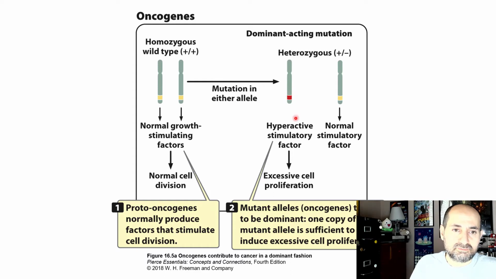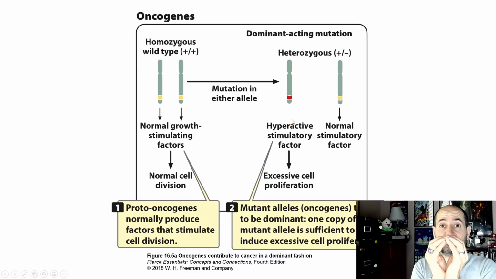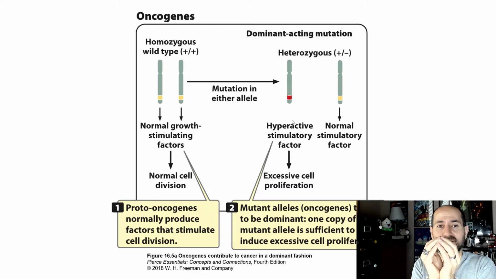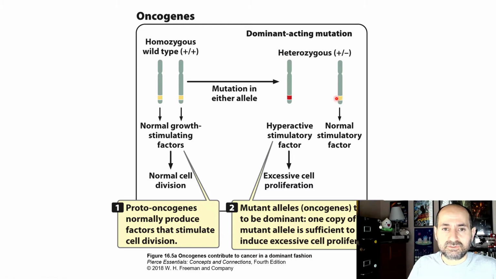Now the oncogene is making a hyperactive stimulatory factor like that growth receptor I told you about that just tells the cell divide, divide, divide, right? And then this allele, which was not mutated, is only going to tell the cell to divide when it's appropriate, right? But who cares if that one's around if the other guy's telling the cell to divide? You only need one copy of this bad allele, one oncogene, to cause excessive cell proliferation and tumor growth.